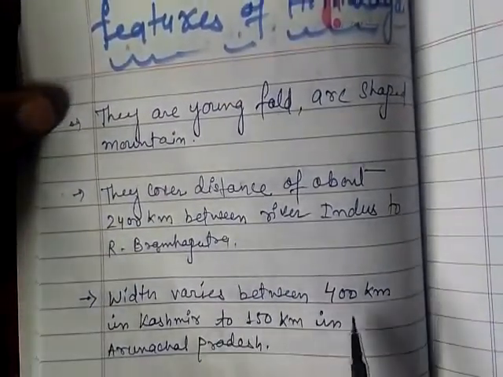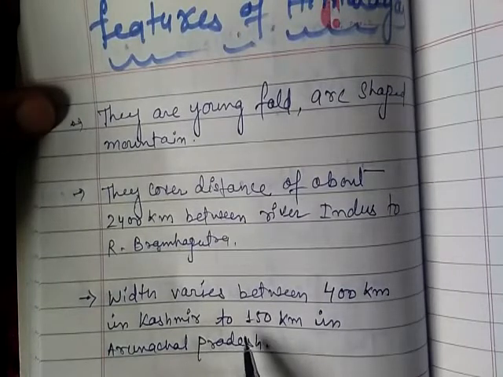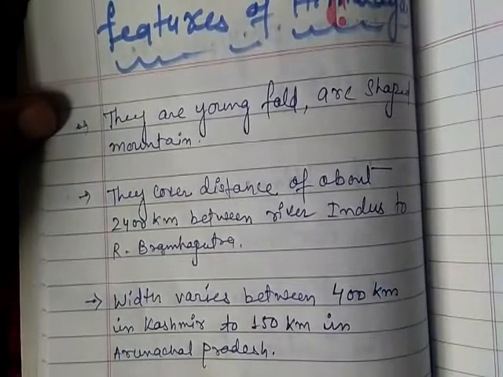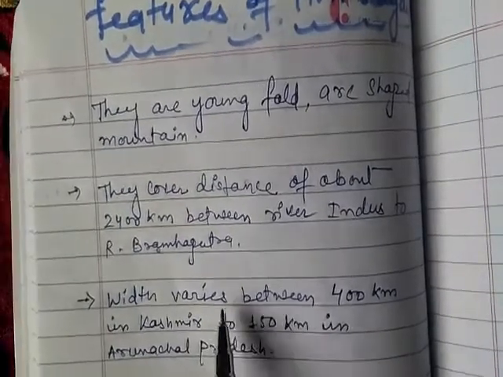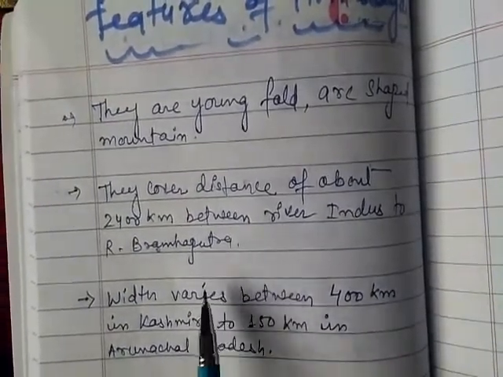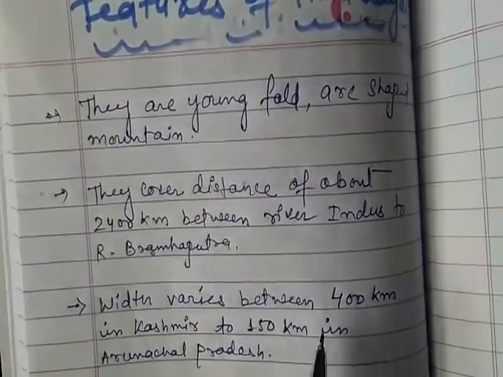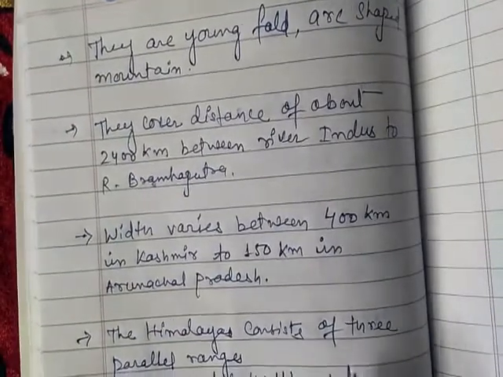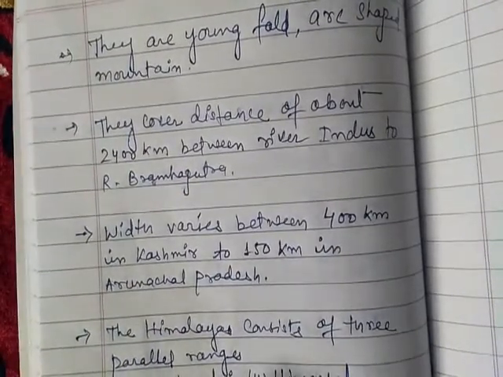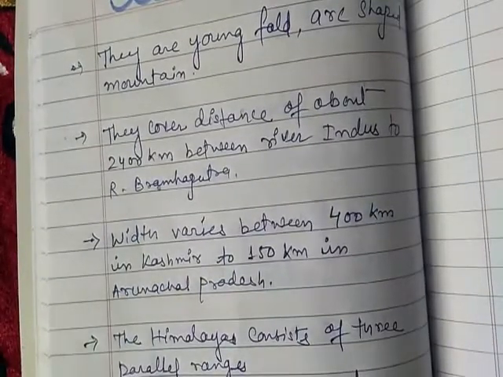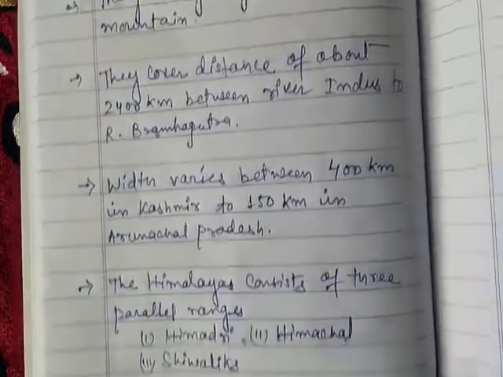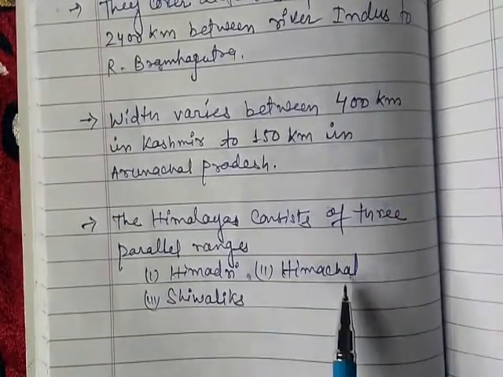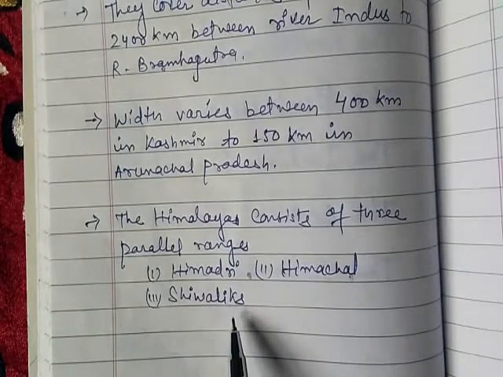Width of Himalaya varies between 400 km in Kashmir to about 150 km in Arunachal Pradesh. Next feature is that the height of the mountain in the eastern half is greater than the western half. Then the next important feature is that the Himalayas consist of 3 parallel ranges: Himadri in the north, Himachal in the middle and Shivalik in the south.